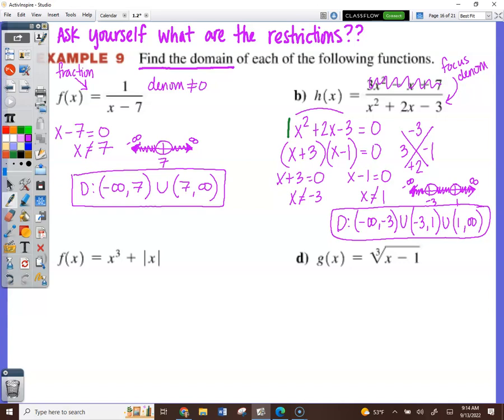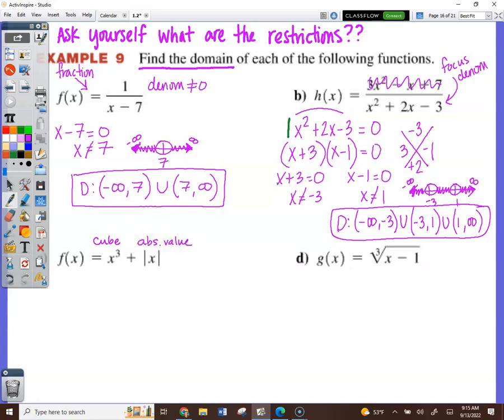Now go to C. Don't overthink this. What did I say are the only two you have to stop and be careful about? The F word and square roots. What do you have here? This is a cube function, and then what's this? This is an absolute value function.